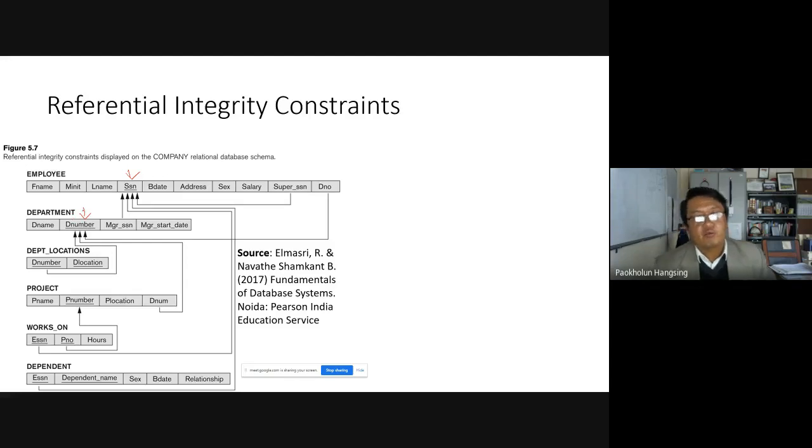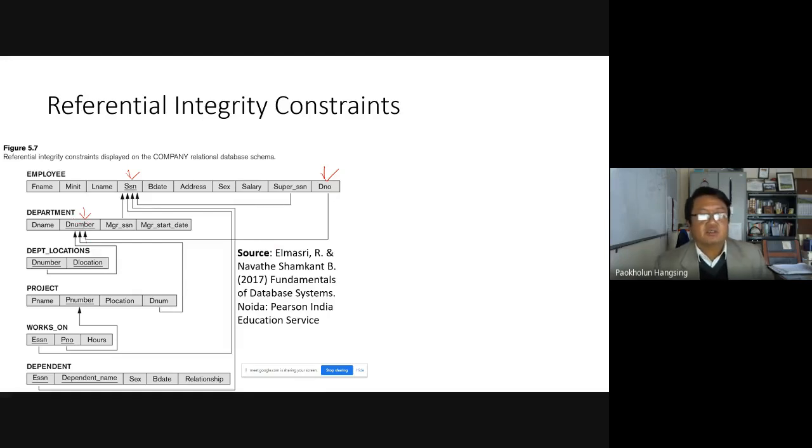But if you look at this, we have D number here. In the employee relation it is used as DNO. We have DNO in the employee relation, which is the same value as D number in department.